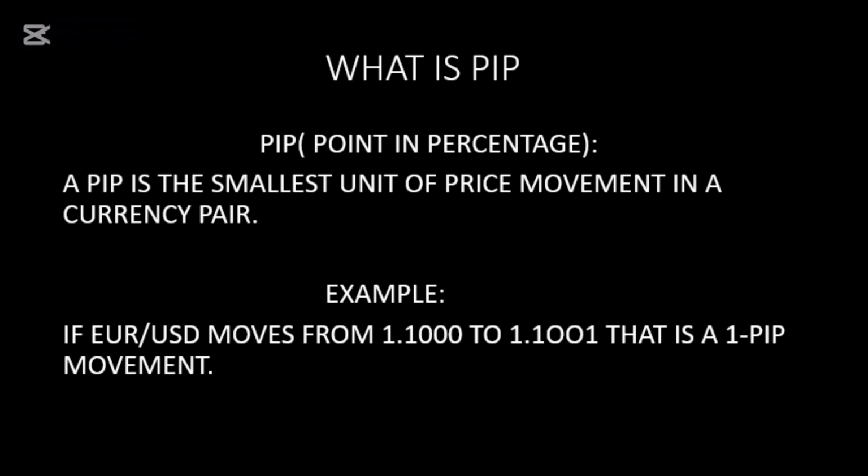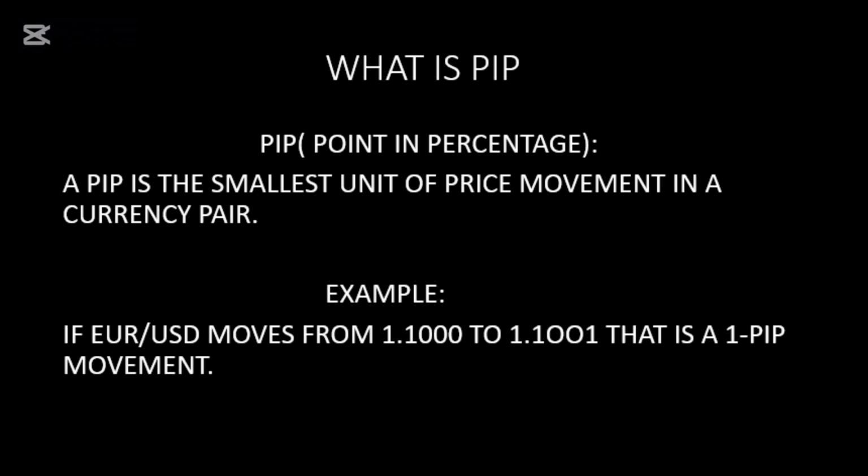Just as we have other means of measurement like meters, when it comes to movement in Forex, we measure movement in pip. That's why I said a pip is the smallest unit of price movement in a currency pair.